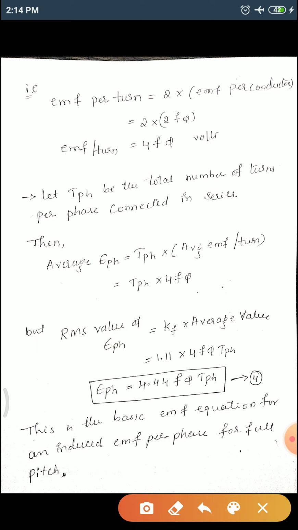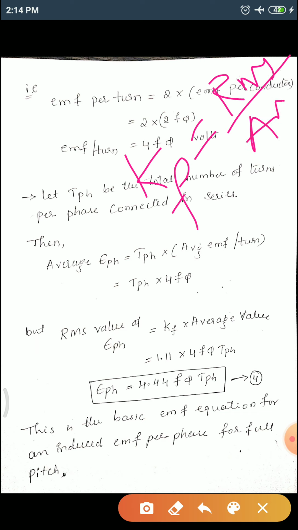Now we require the RMS value. So what we can take is the form factor, which is equal to the RMS value divided by the average value. We know the average value, and we require the RMS value.